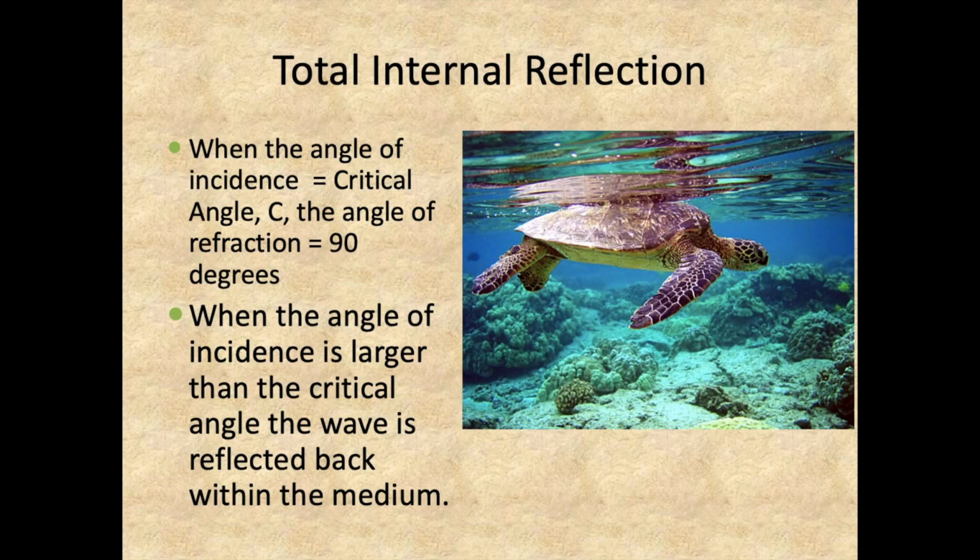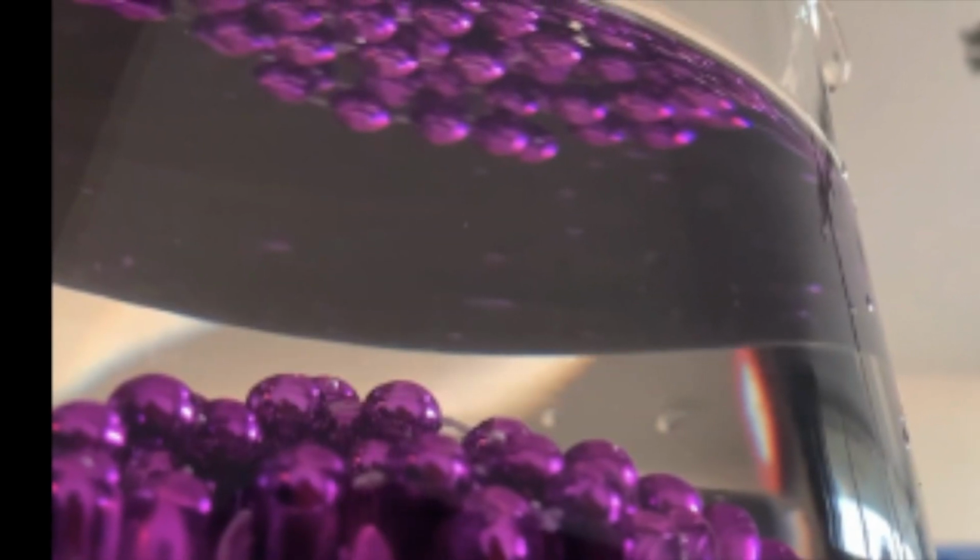When the angle of incidence is larger than the critical angle, the wave is reflected back within the medium, which we call total internal reflection, following the laws of reflection. That turtle is an example, and the two examples we saw at the beginning of this lesson are also examples of total internal reflection.